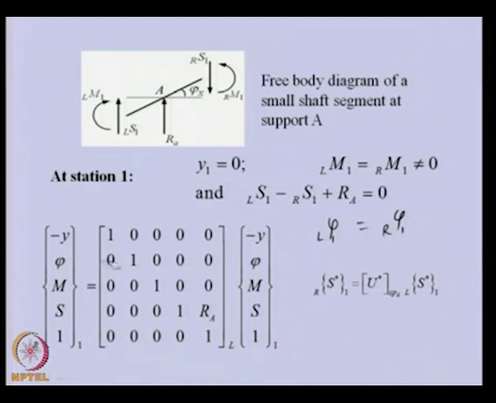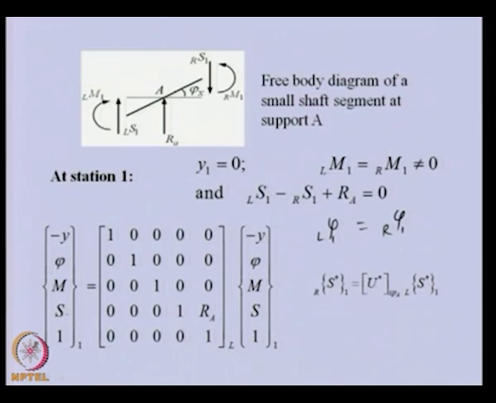If you expand the second row, you will get this equation. The third equation is the moment equation, both are the same. If you expand the third equation, you will get the moment on the right of 1 equal to the moment on the left of 1.